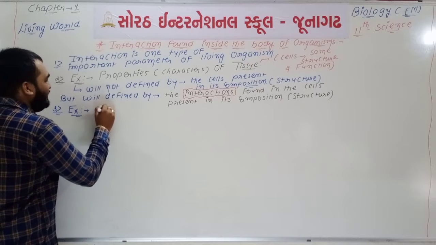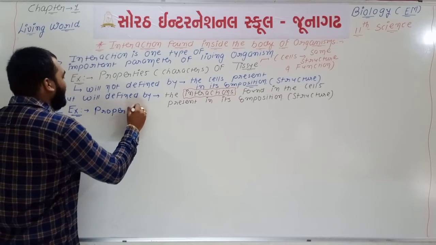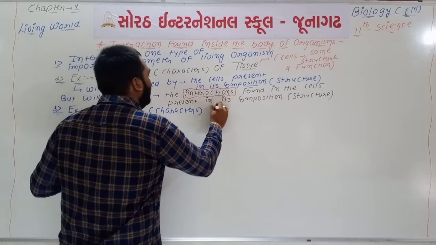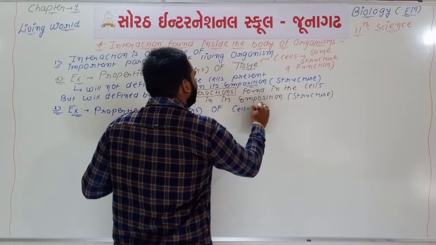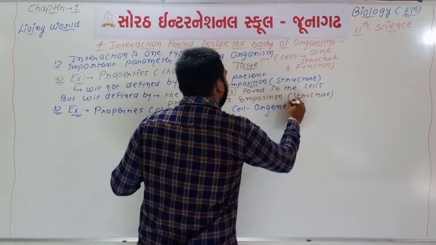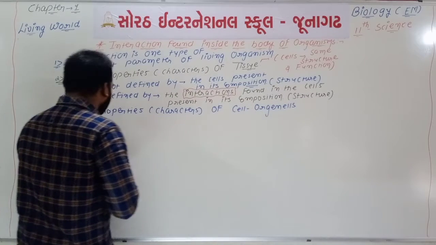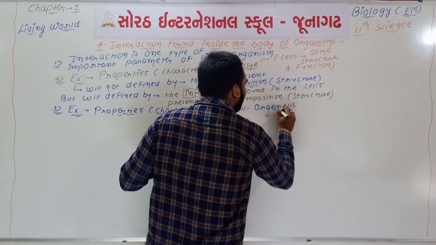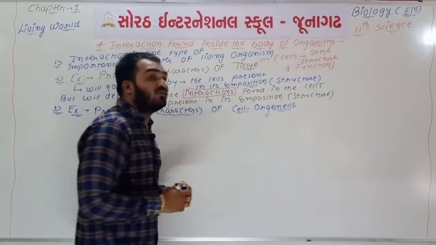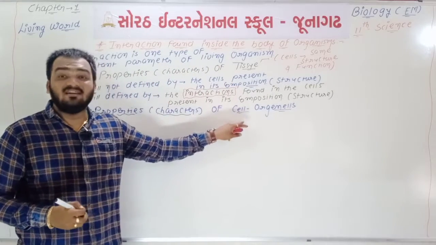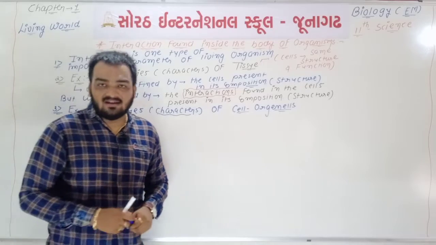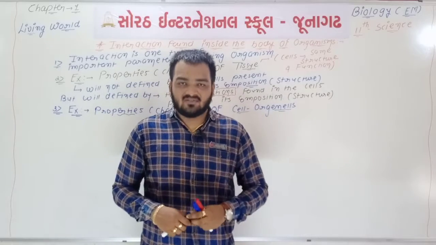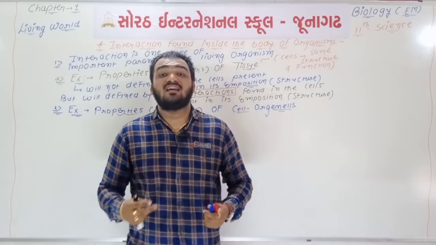If we talk about the properties or characters of cell organelles, you know that cell organelles are very important structures, because different types of activities are performed by different organelles, and all cell organelles are found inside the cell in the region known as cytoplasm.